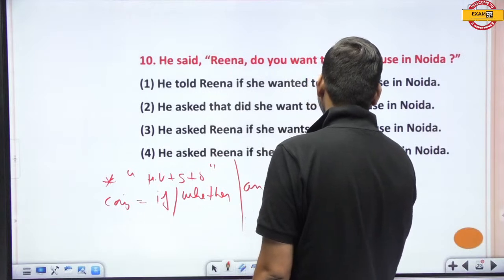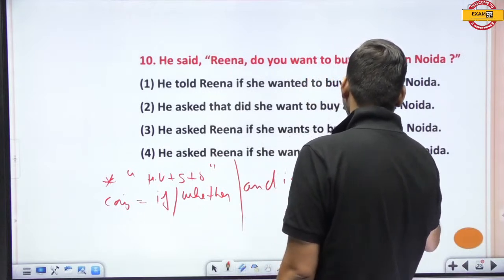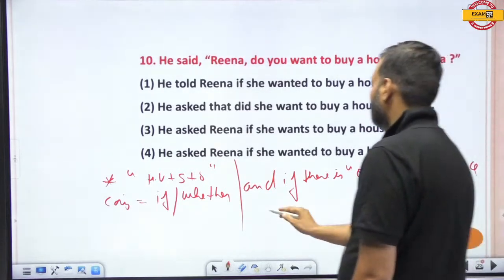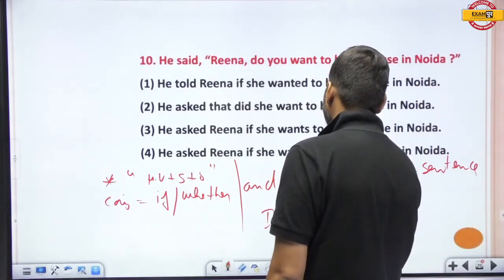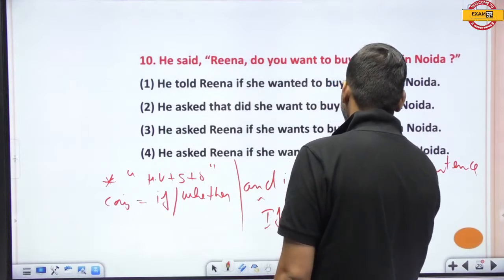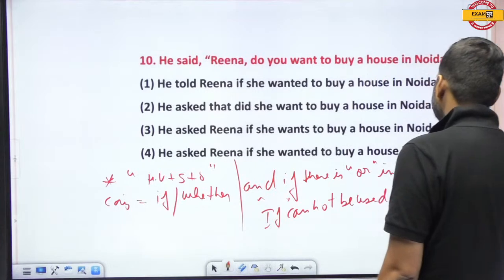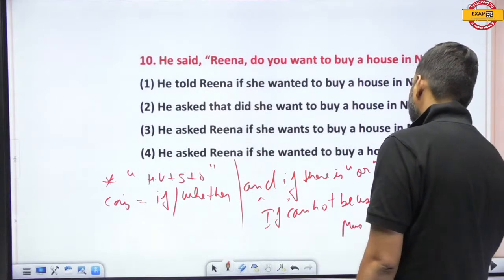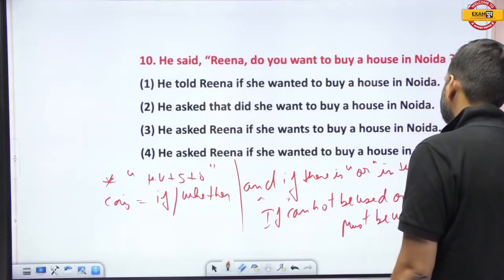And if there is or in the sentence, if cannot be used, only whether must be used.